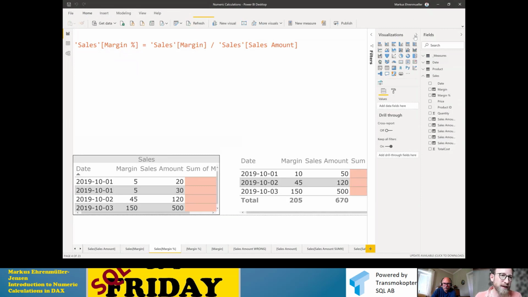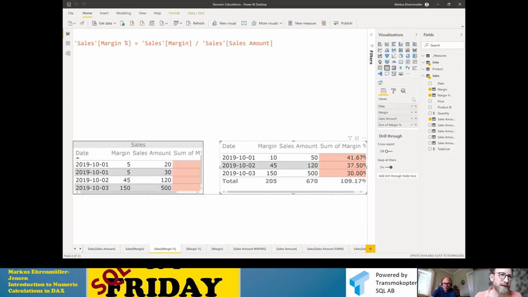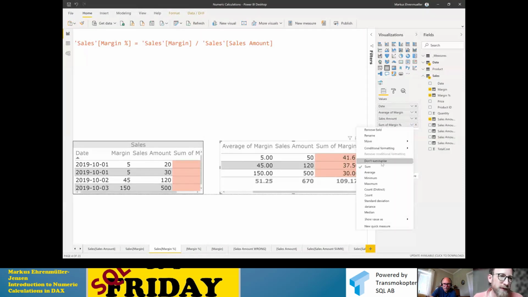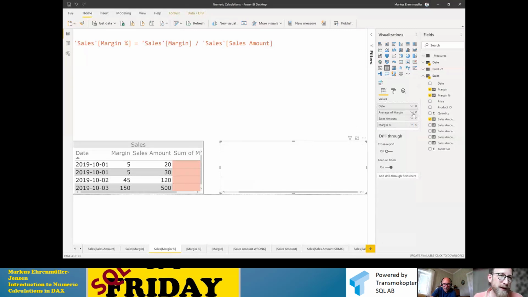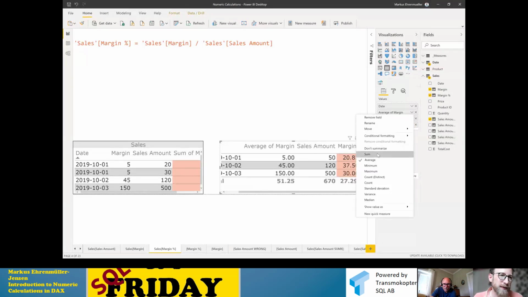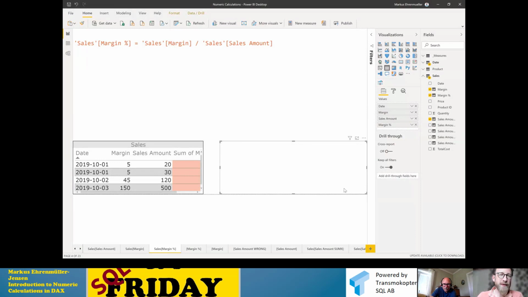If I change it in the model and already there in the visual, then it's not changing here. Oh, wrong column. I wanted to change this one. So average of margin, and change this. So the average would be 27, which is close, but not right.